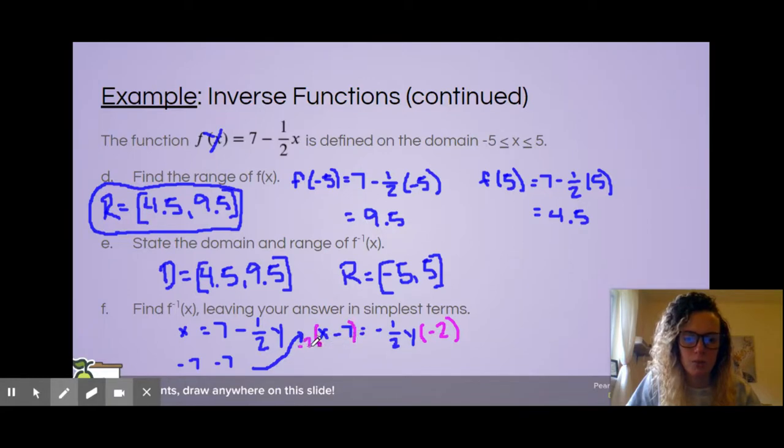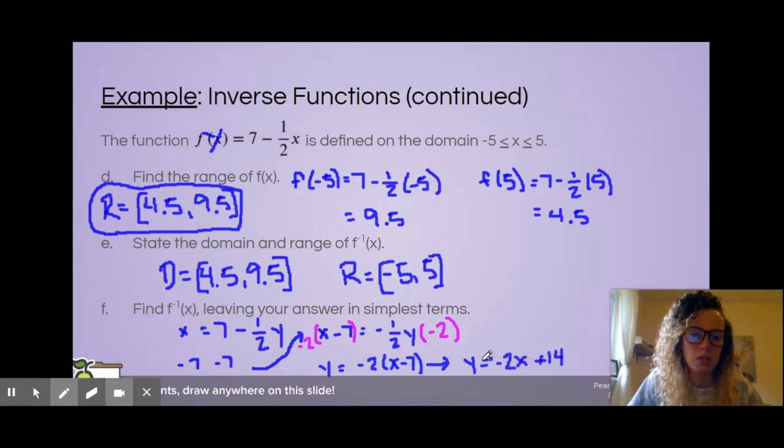Note my use of parentheses on the left-hand side, though. That whole left-hand side is going to have to get multiplied by the -2, either in this step or in the next step. Because I have to leave my answer in simplest terms, I would have to distribute that -2. So y equals -2x plus 14 is my inverse.